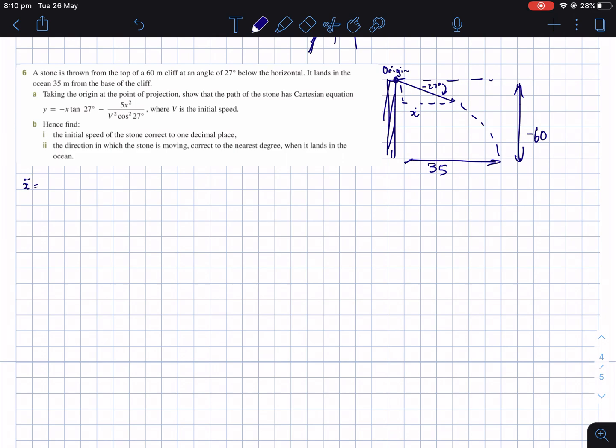X dot dot, Y dot dot. Oh yes, it likes us to use 10. Cambridge, good times.